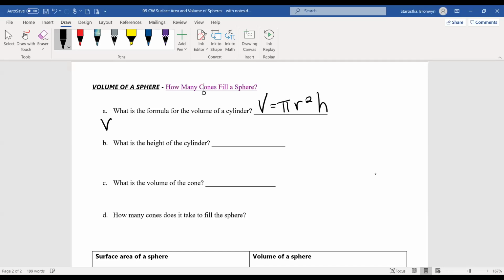So remember, the volume of the cylinder is the area of the circle base times the height. Now, if we had a sphere that had the same height as a cylinder, so imagine you put the sphere right next to the cylinder and they were the same height, then wouldn't the height of the cylinder just be the diameter of the circle?